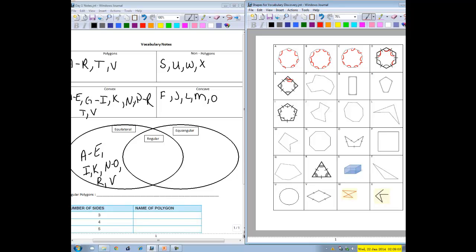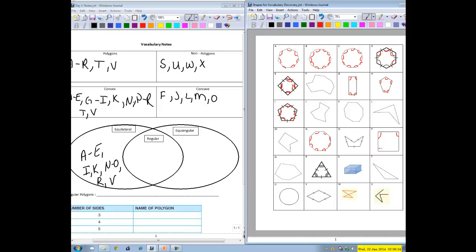E, it shows you all the angles are equal. G shows you that all the angles are equal. H shows you that all the angles are equal. I shows you all angles are equal. N, all of the angles are equal. P, all the angles are equal.